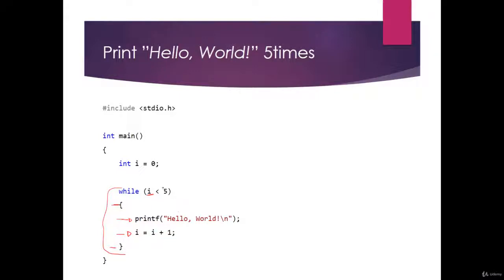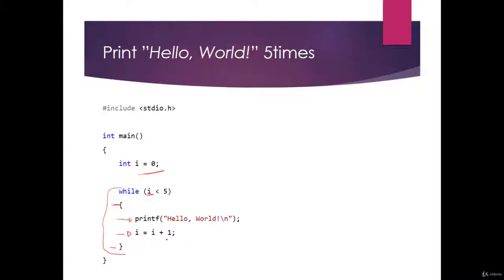The initial value of variable i is 0, which is less than 5, so it prints the message hello world and changes line, and then it increases the value of variable i by 1, so the new value is 1, which is again less than 5, so it prints the message again.